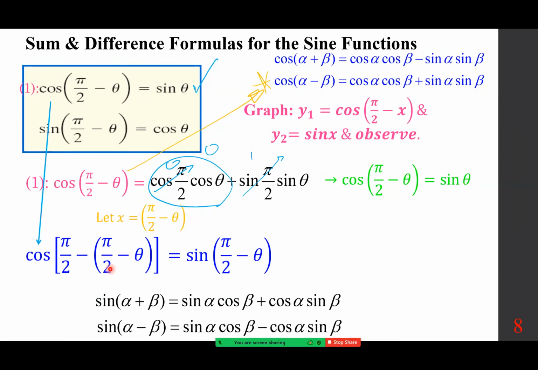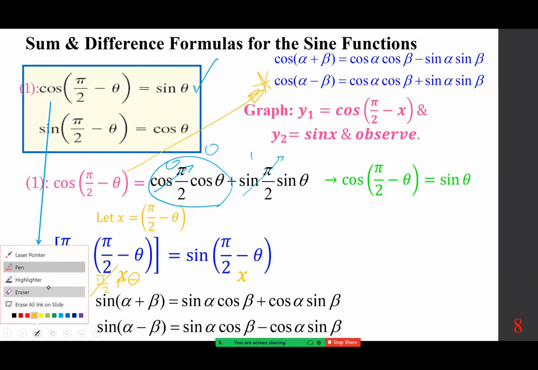But what if we work on this? It becomes pi over 2 minus pi over 2. Let me write this underneath. This becomes pi over 2 minus pi over 2 plus theta, which becomes cosine theta. And this is x, by the way.